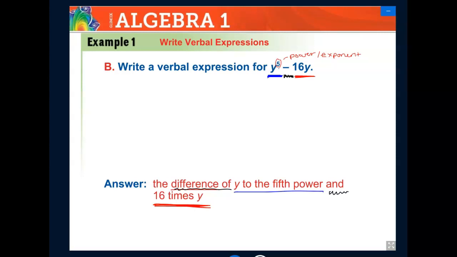I wish I had Jeopardy music. I should. That would be so easy in here. Ready?